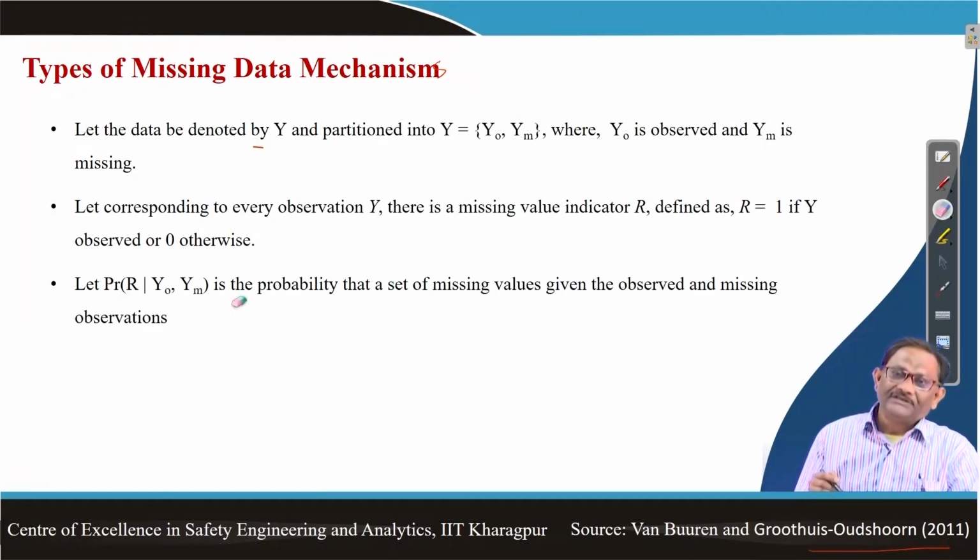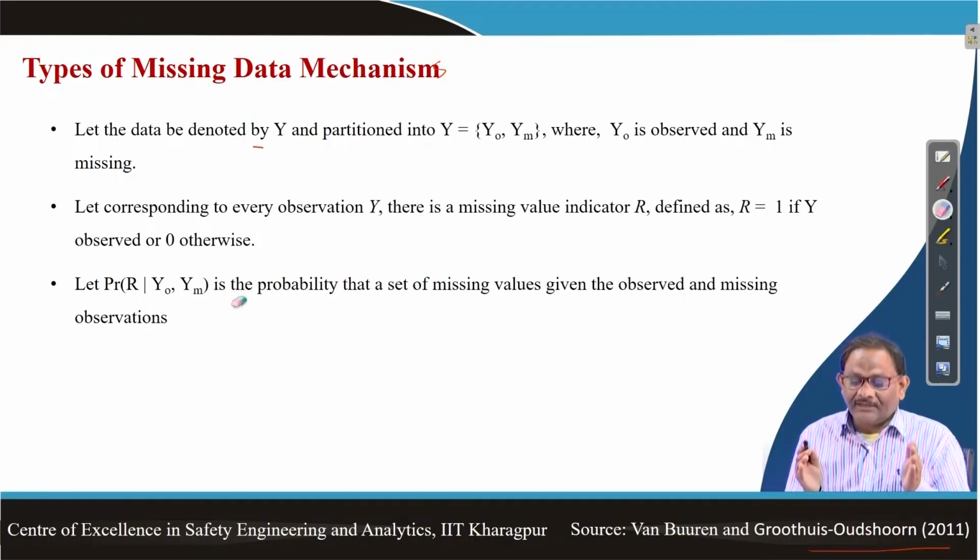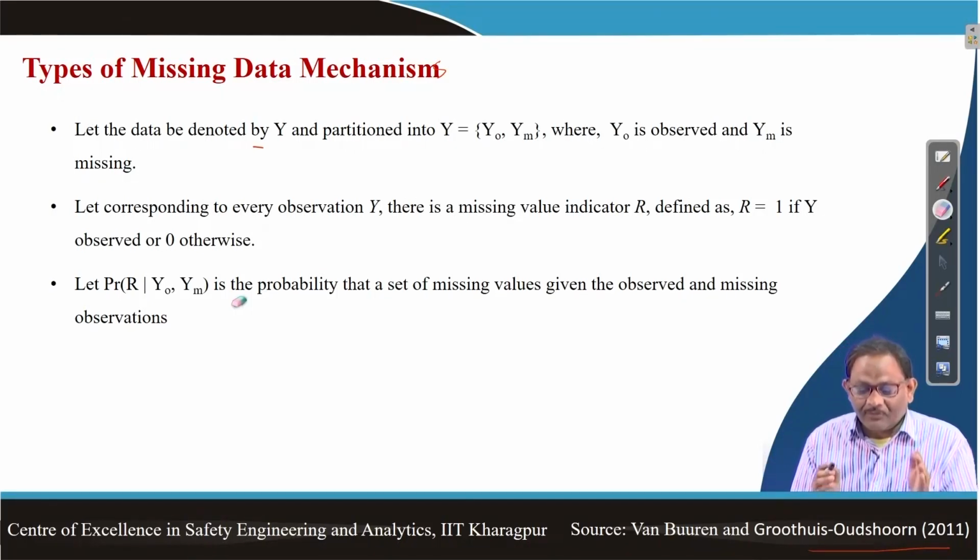Now the probability that r equals 1 and r equals 0 given y, which is partitioned into y0 and ym, gives you an idea for the definition of MCAR, missing at random and not missing at random.